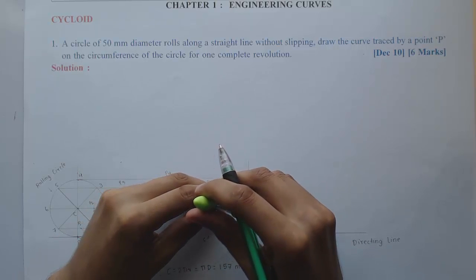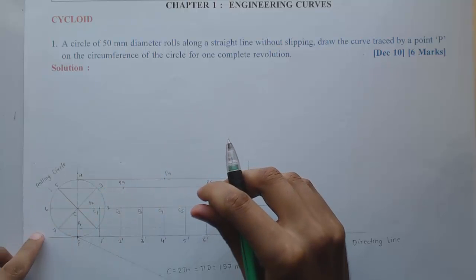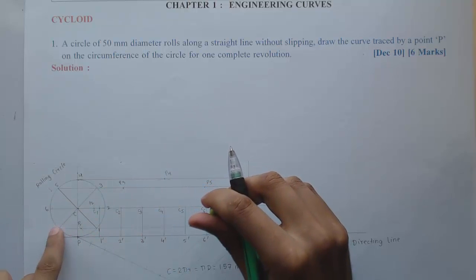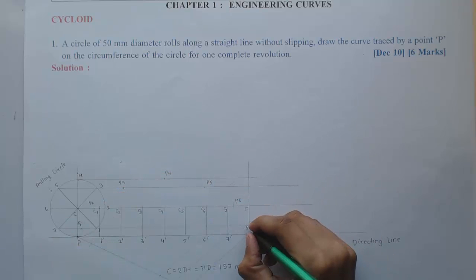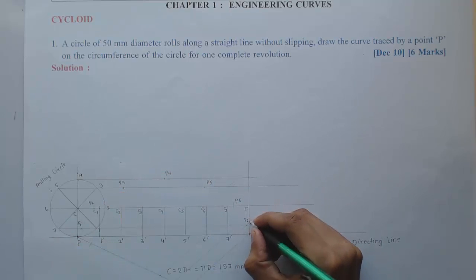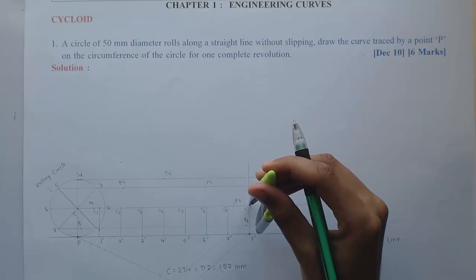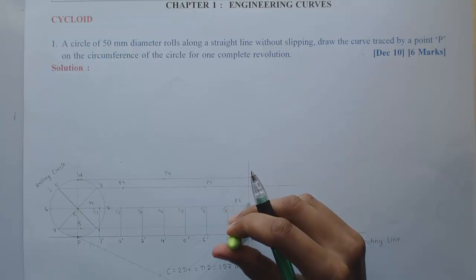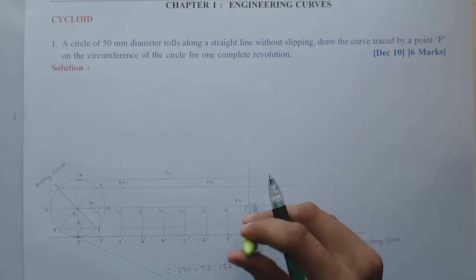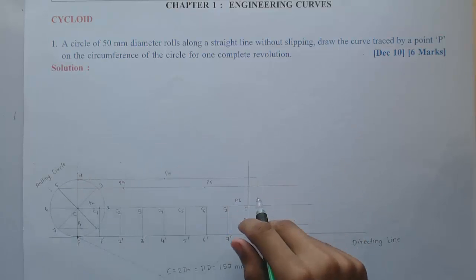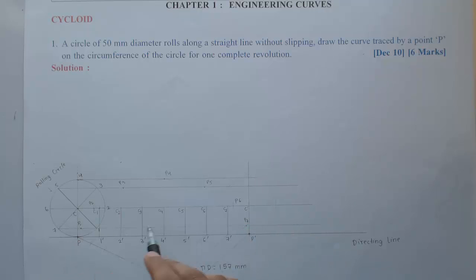With 7, C7, again we need to check the 7th division on the circle, so I'll get somewhere here, and this is giving me P7. And obviously with C dash, that P dash is already marked, which is the point on the ground. So after one complete revolution, P is again coming back to its original position, that is with the contact with the directing line.